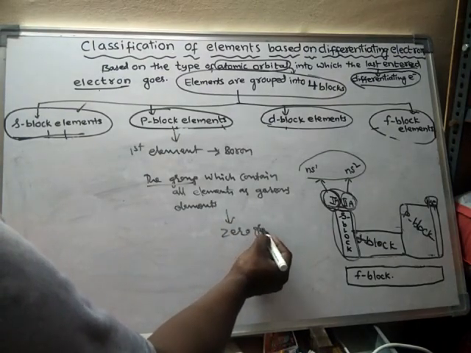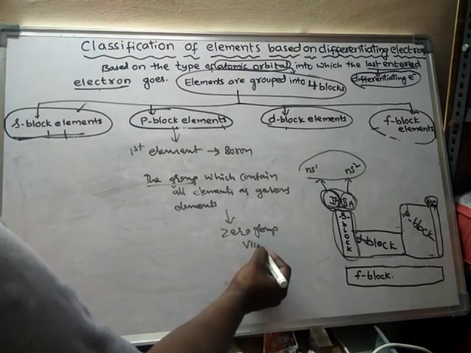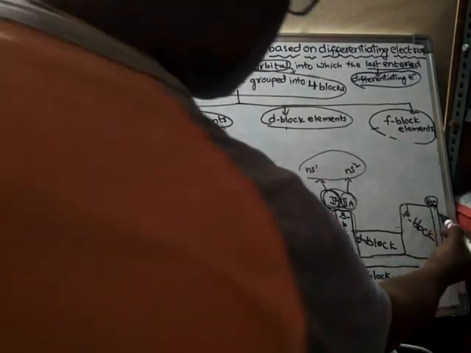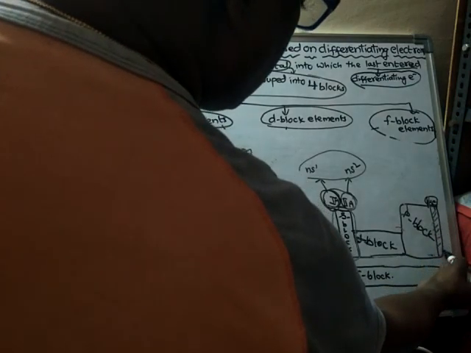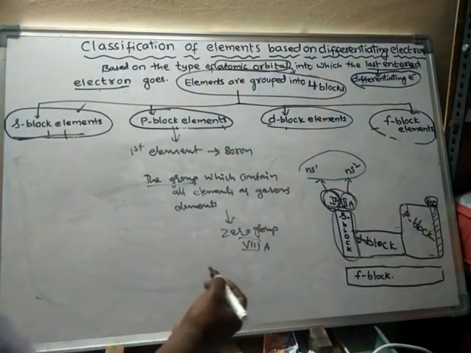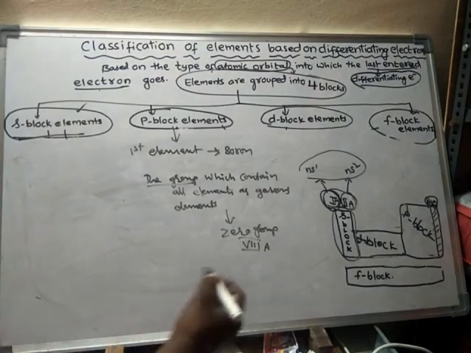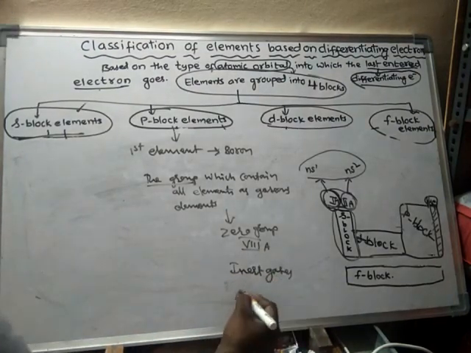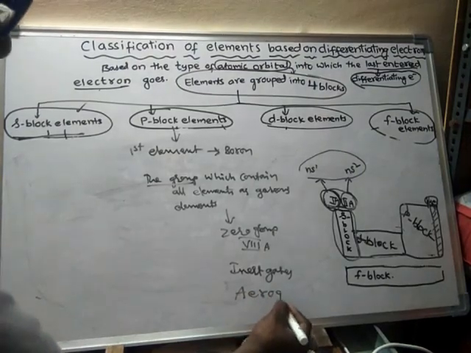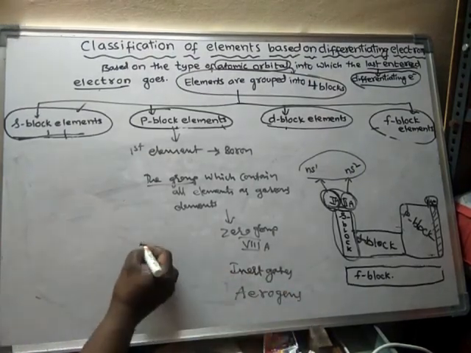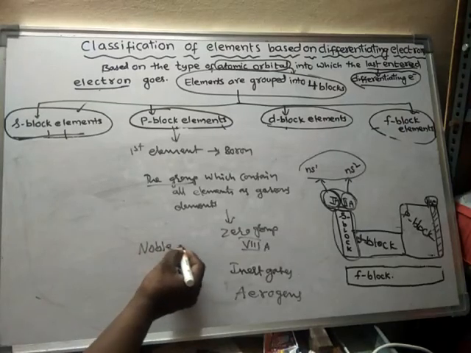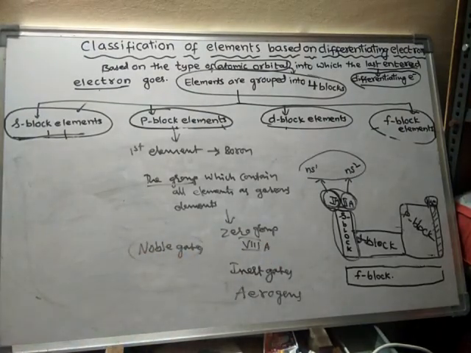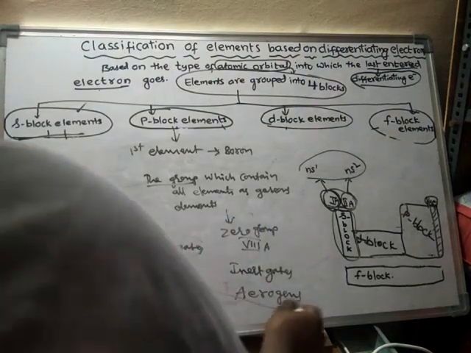Zero group means eighth A group, the last placed group. They are also called inert gases, aerogens, or noble gases. So there are different names. These elements are gaseous elements.